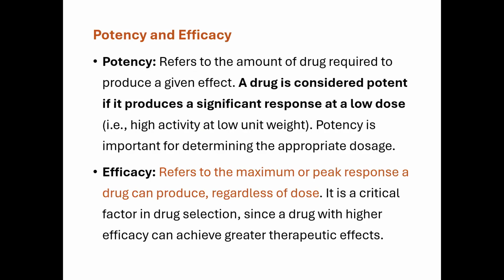A drug is considered to be potent if it produces a significant effect at a low dose. Let me hope this is clear. We consider a drug to be potent if it produces a significant effect at a minimal dose.